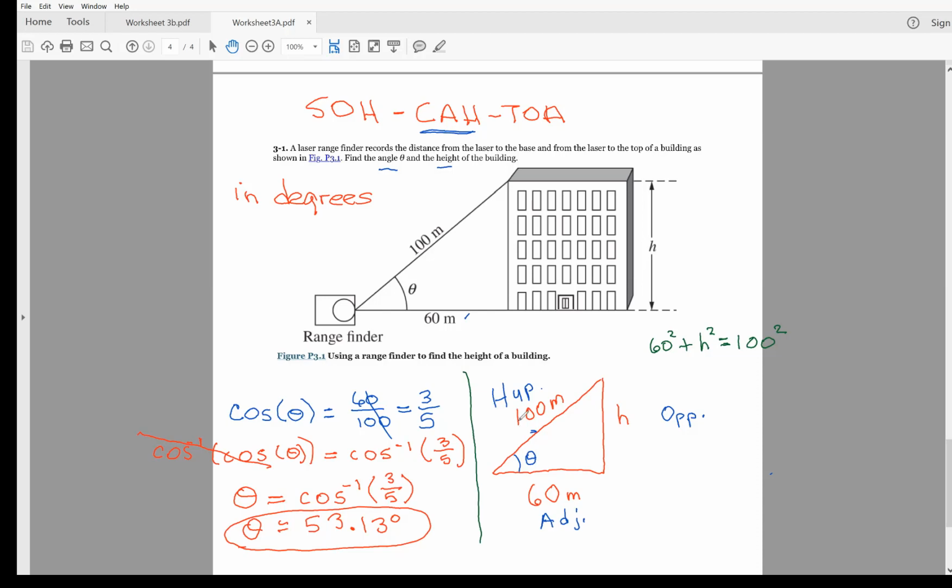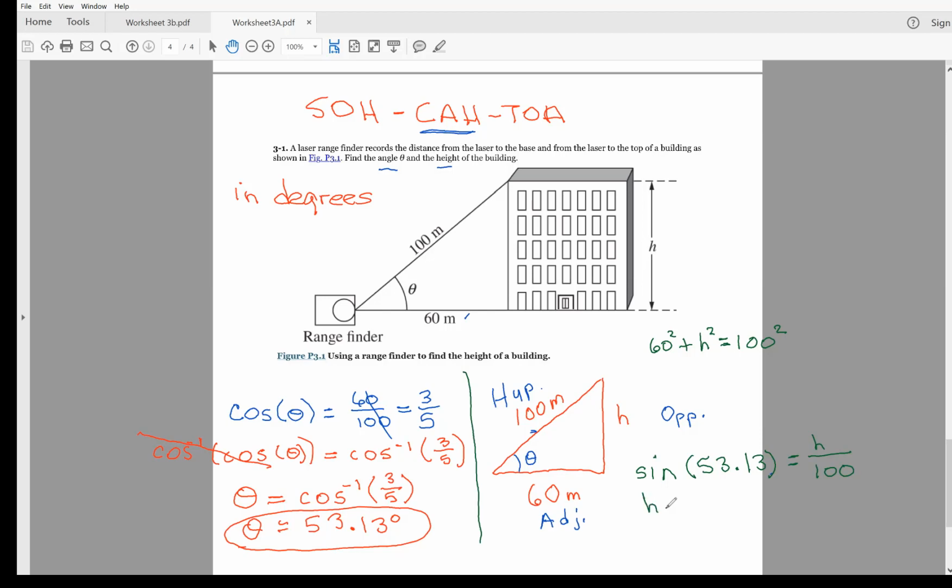And I already know my hypotenuse, so I can say the sine, and now I know the angle. Once I know the angle, it's very easy. I can put it in the calculator. The sine of 53.13 degrees is equal to the opposite, which is h, over the hypotenuse, which is 100.